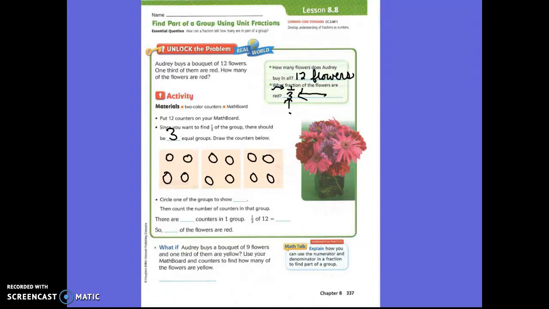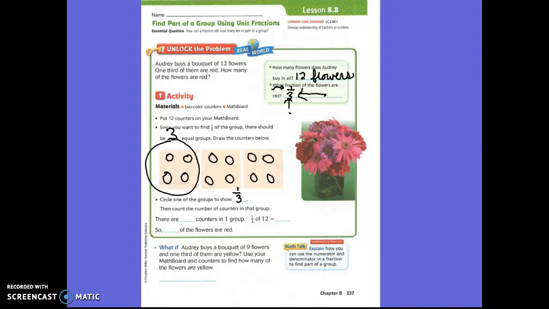Circle 1 of the groups. Circle 1 of them. One of the groups is showing 1/3. It is showing 1/3. Okay? One of the groups is showing 1/3.